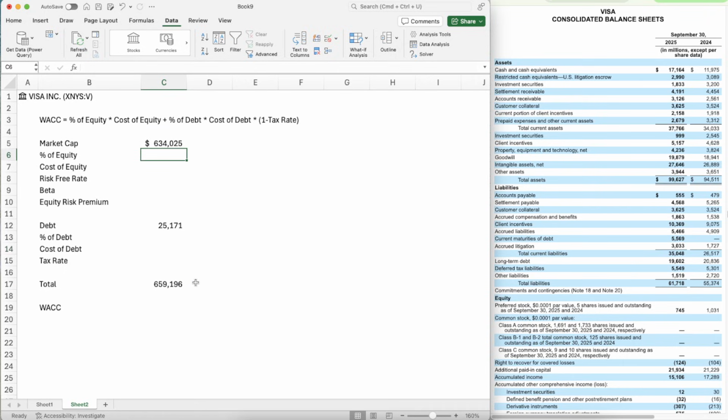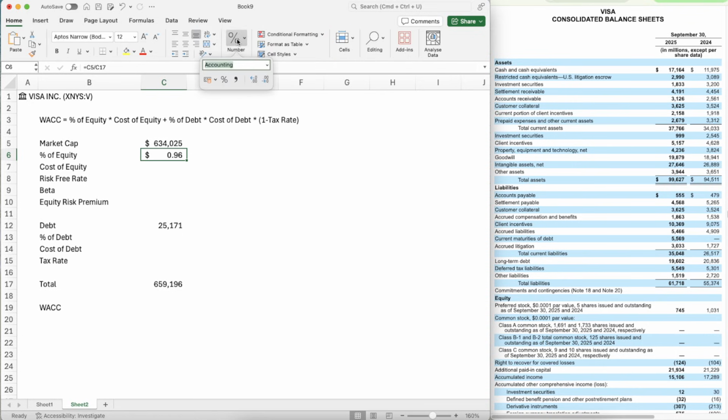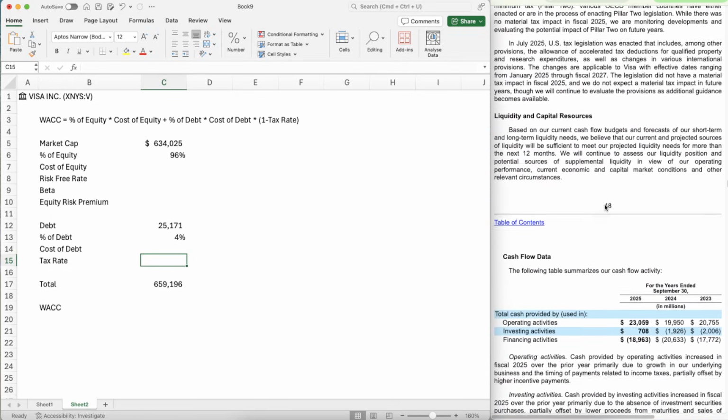Because we have the total, we can work out the percentage of equity. That needs to be a percentage. We do the same with the debt: because we have the total, we can take the debt divided by the total, which gives us our percentage of debt. As you can see, this is very much predominantly equity. The tax rate, it actually showed it up here somewhere.